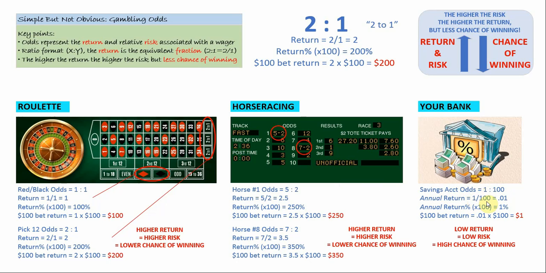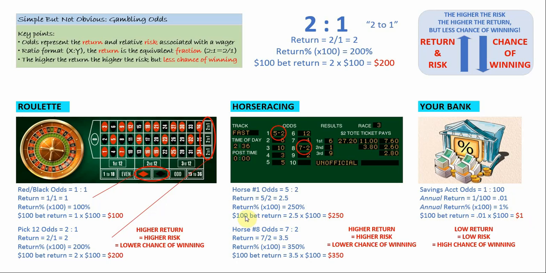So 1 divided by 100, this is our fraction, is 0.01, compared to these 2.5 and 3.5 numbers we've seen previously. So our annual return again is 1%. That's our 0.01 times 100. And then our $100 bet, which is really our investment, would get us 0.01 times 100, $1. And this is for an entire year for this $100 bet.